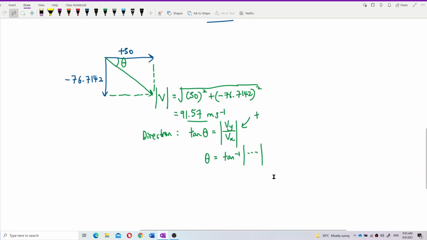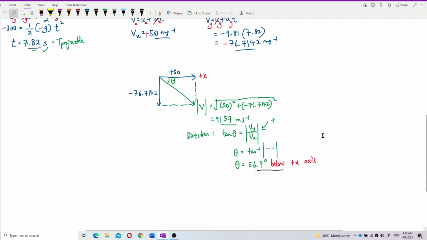So theta is the anti-tangent, and you will get the angle 56.9 degrees. This is below the positive x-axis, so you must write below positive x-axis direction. That's the answer.